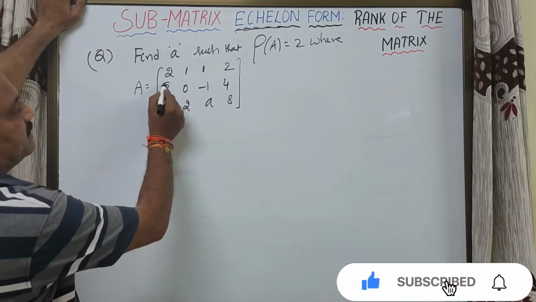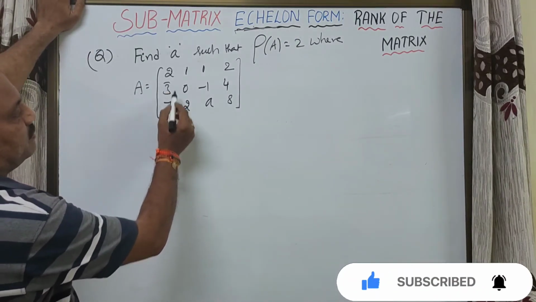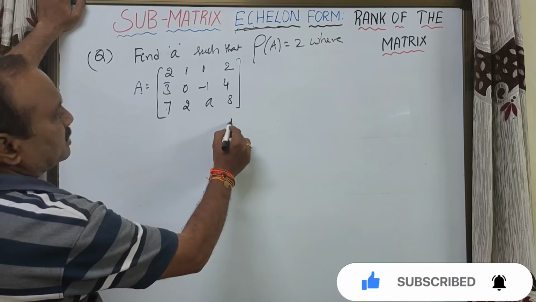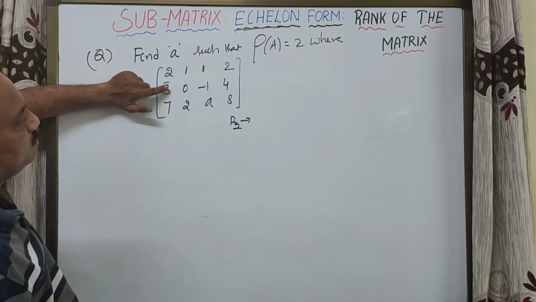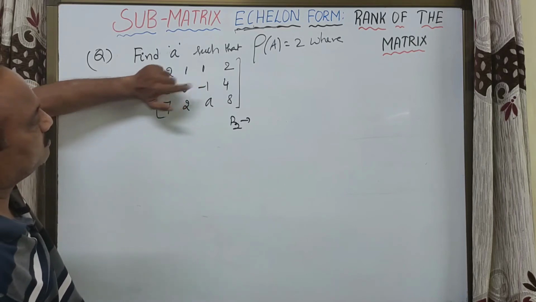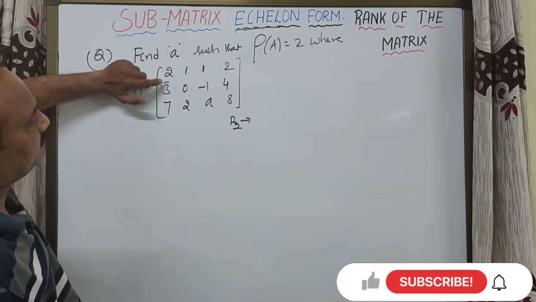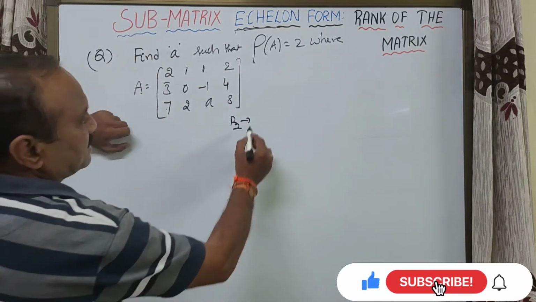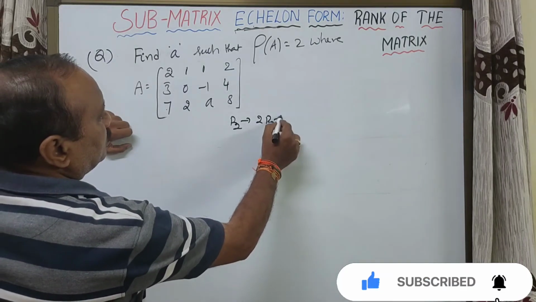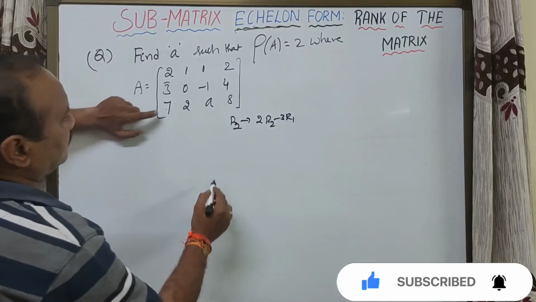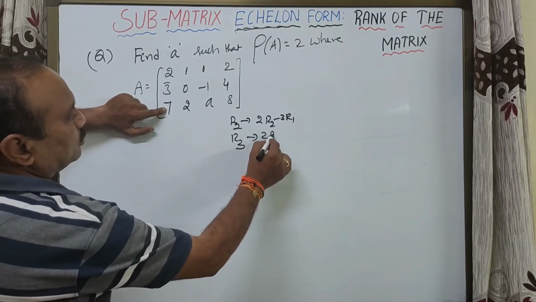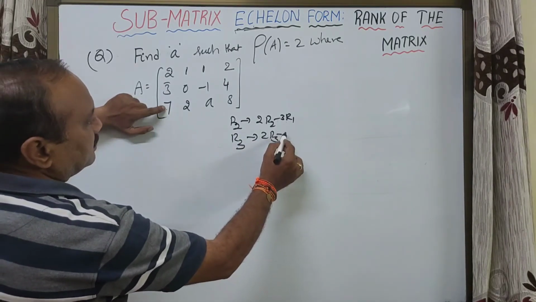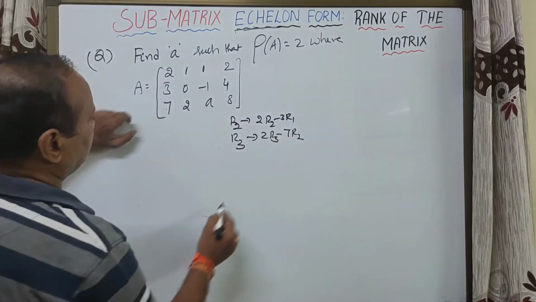So make this element 0 and this element 0 by using the R1 row. Change R2: multiply this row with 3 and subtract it. 2R2 minus 3R1. Similarly, R3 changes to 2R3 minus 7R1.